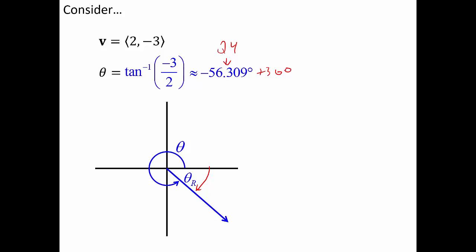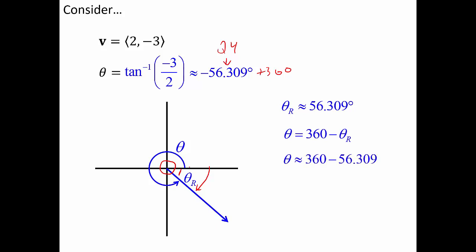Now, to reason it the same way I did all the other ones, again, 56.309 is my reference angle. If I wanted to figure out the angle theta, I'd recognize that all the way around is, again, 360 degrees. If I subtract out my reference angle from 360, that will give me the theta that remains.